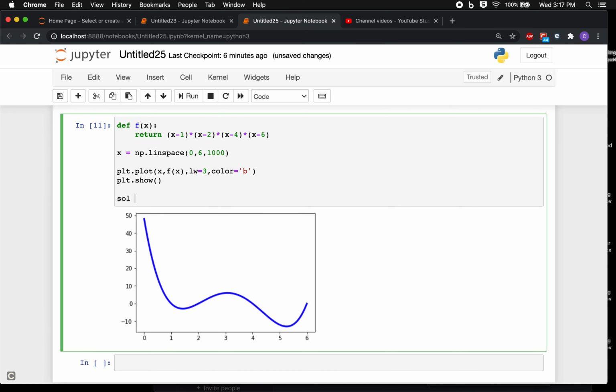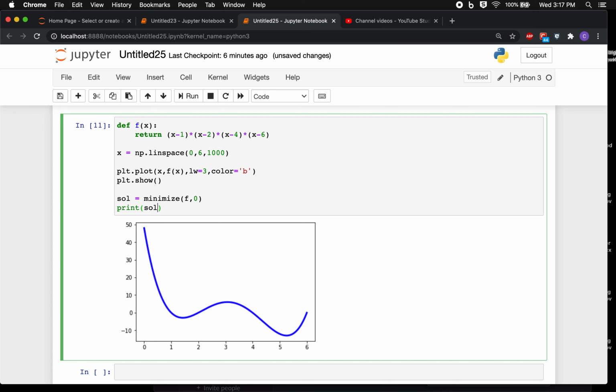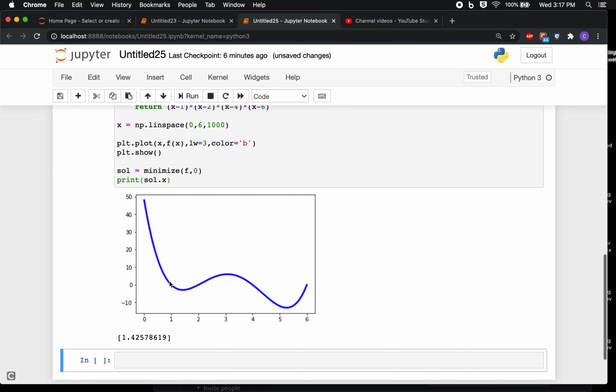So if I do sol equals minimize of f, with our initial guess equal to 0, and then print sol.x, I'm going to get this minimizer here, about 1.4.